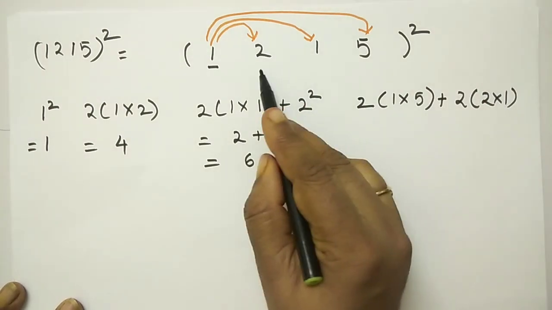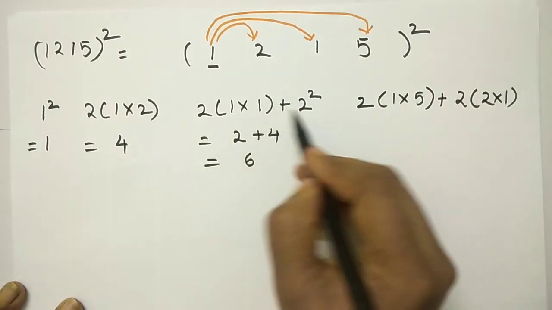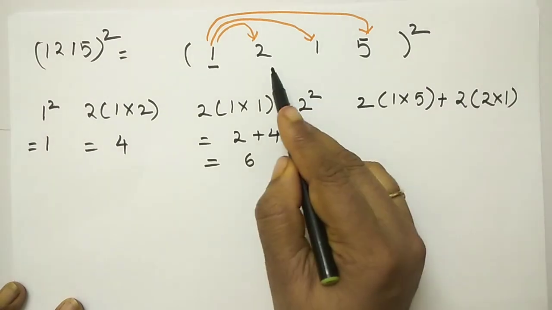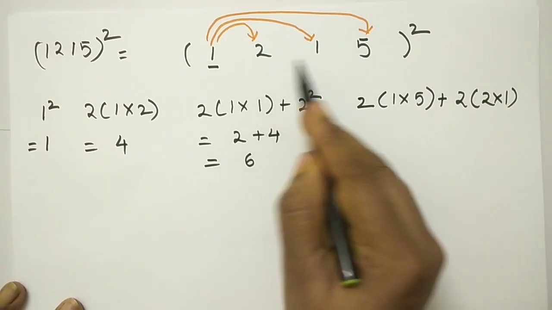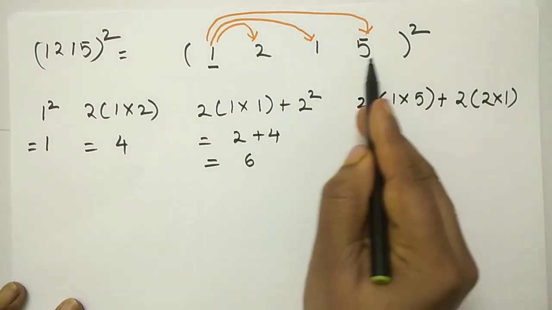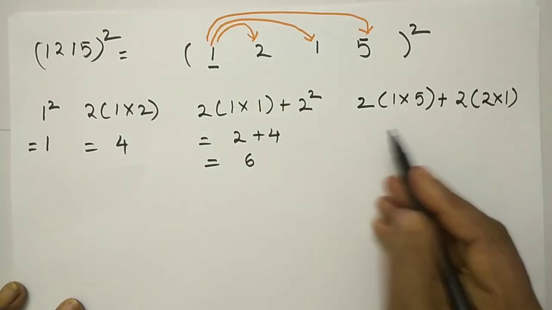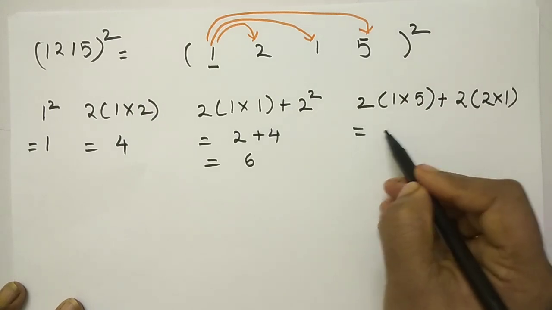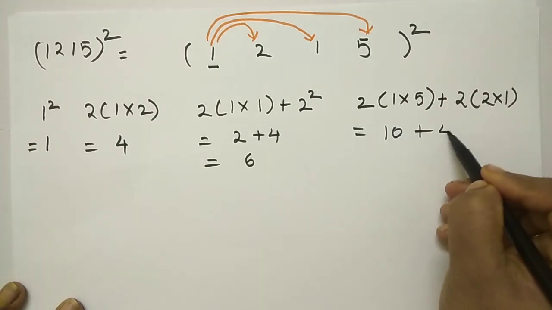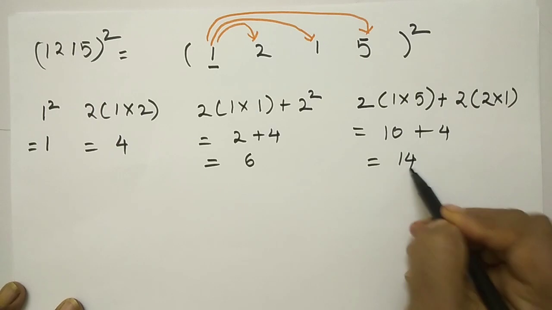If it is one number in the middle, you write the square of that number. If there are two numbers, you have to multiply 2 into 1. In between 1 and 5 you have two numbers, 2, 1, so I have written 2 into 1. This is equal to 10 plus 4, nothing but 14.